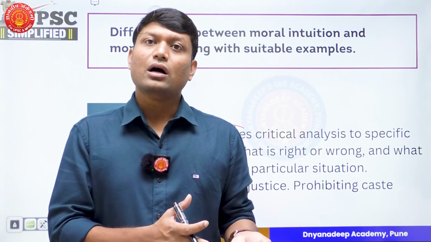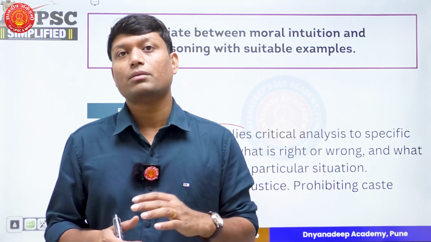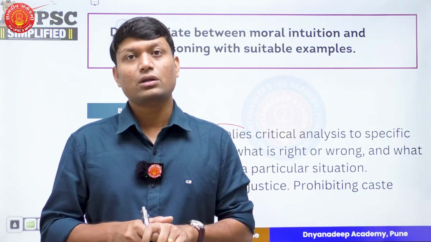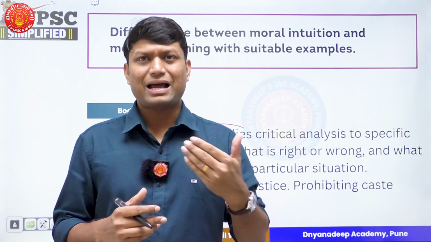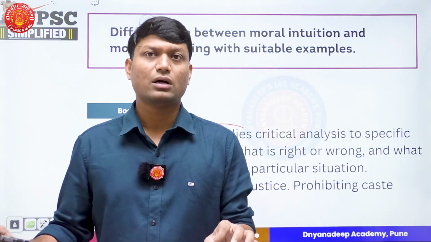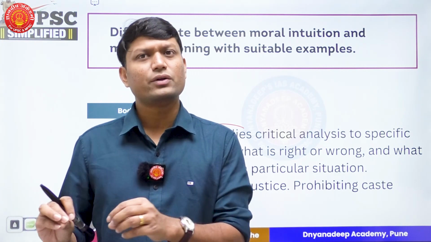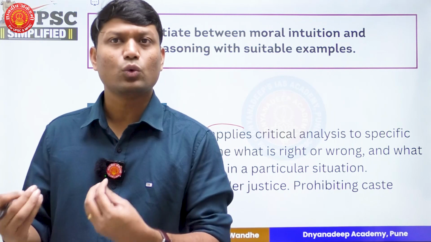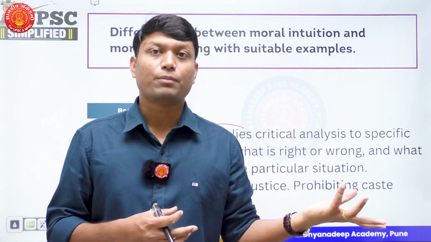And then there will again be people who will call an ambulance, call the police, and try to bring the situation under control in a good way, right? So I have given you a few examples. You can add more examples of your own, but the difference will remain in a very simple way: moral intuition is more spontaneous and comes from your own feeling, but moral reasoning is more of a thought-out approach.